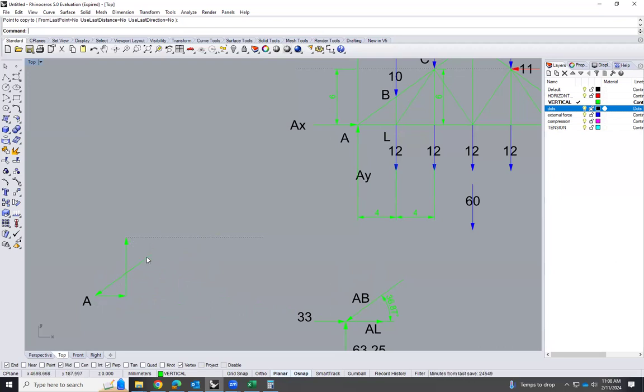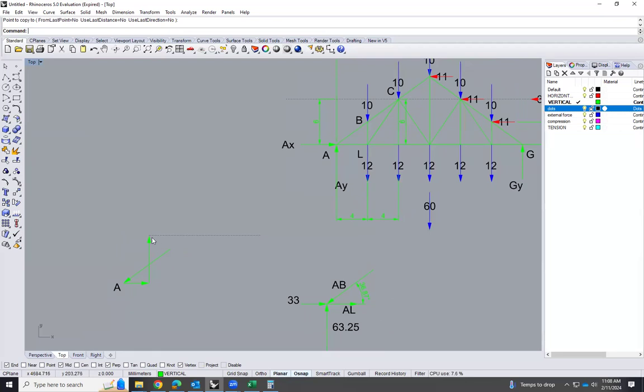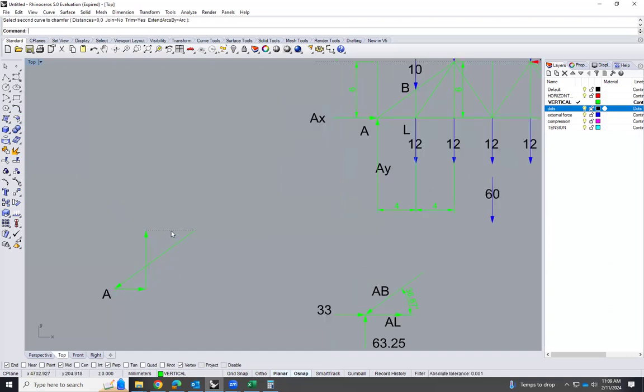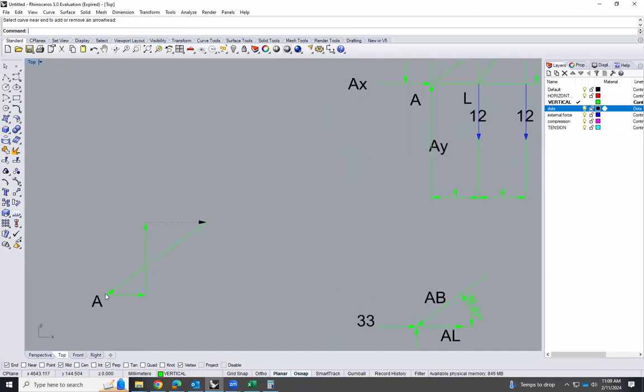So what has to happen here? I have the first one, 33, the second one, 63.25. So the third one has to go right, and the fourth one has to close the gap, has to close the polygon. It has to arrive at the same point, point A. So if I chamfer this and that, this force is going to go in that direction, and that force is going to go in that direction.